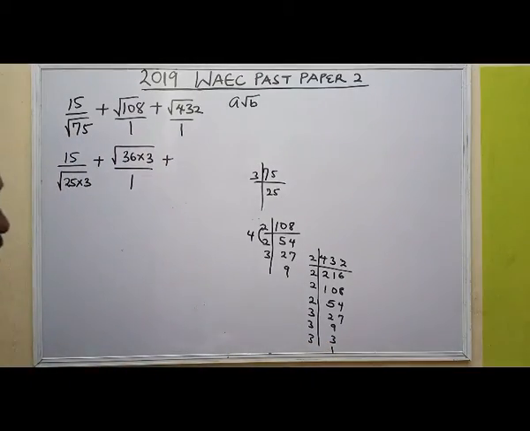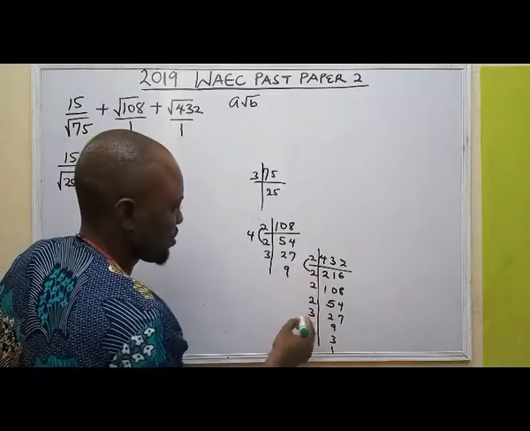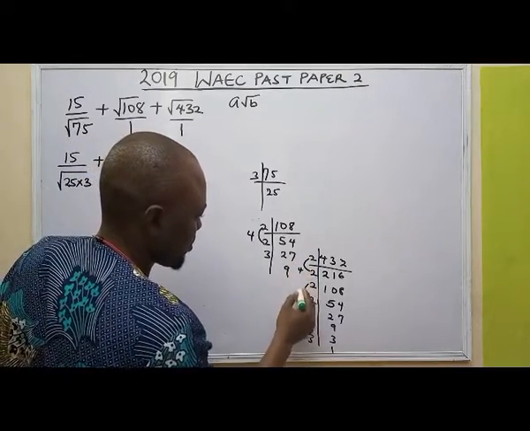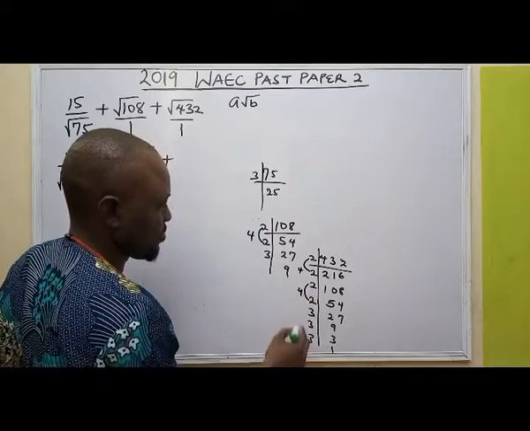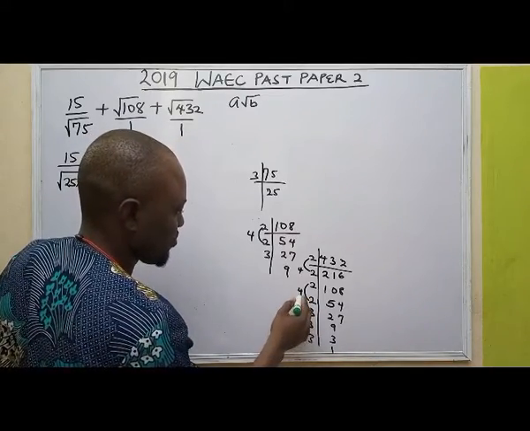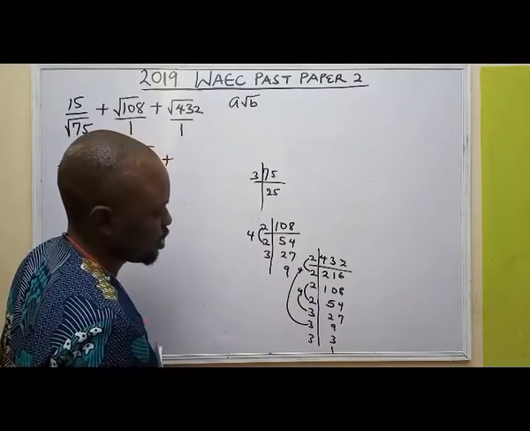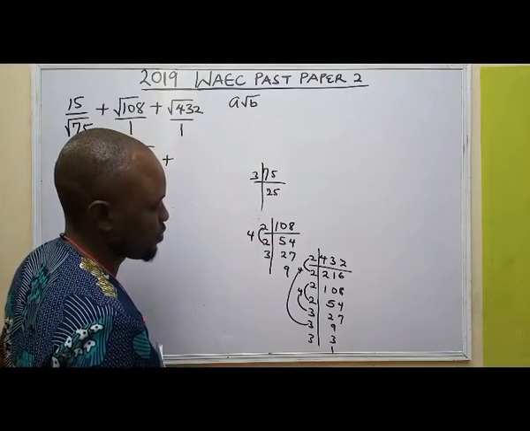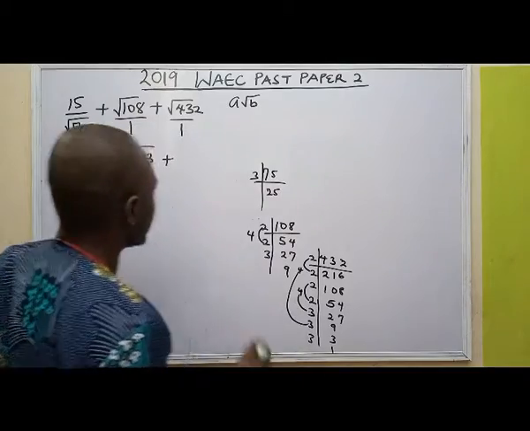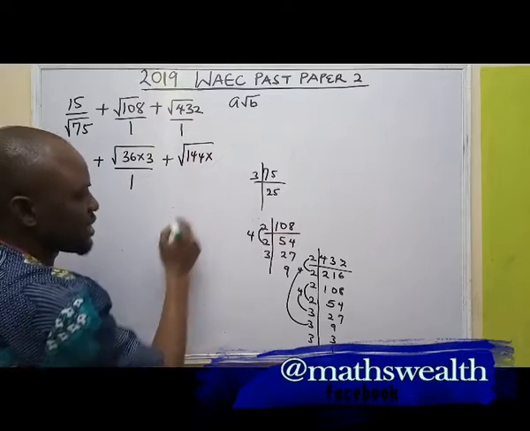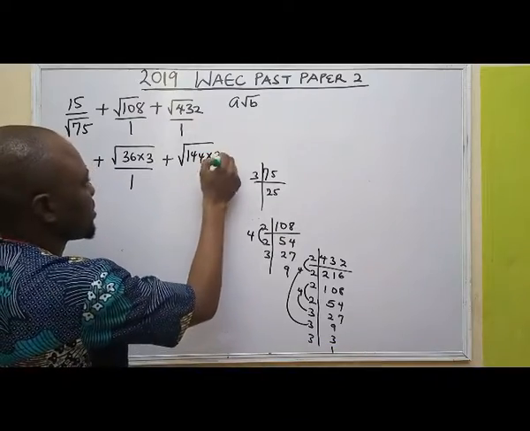So in this case, I'm looking at this is 4, and this is another 4. Now this is 3. 4 times 3 is 12. 4 times 3 is 12. 12 times 12 is 144, you can see that. So 144 times 3.